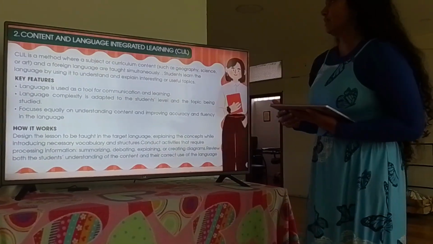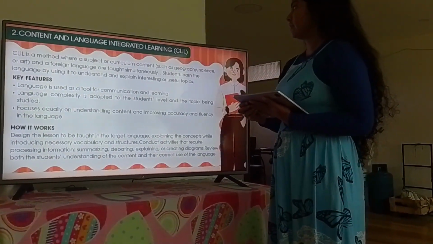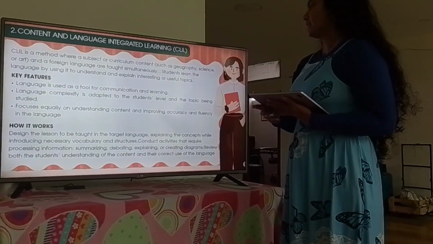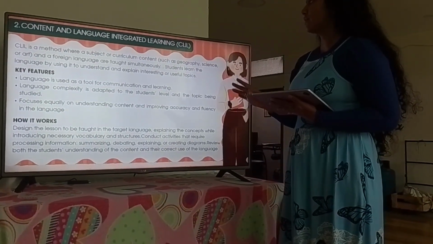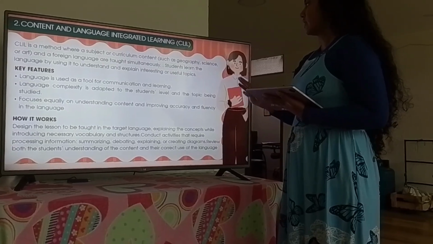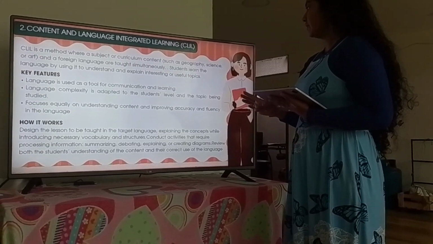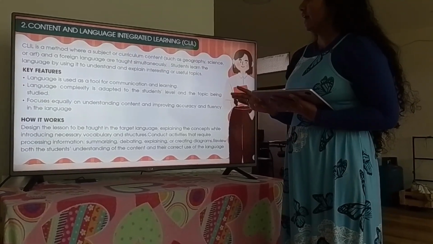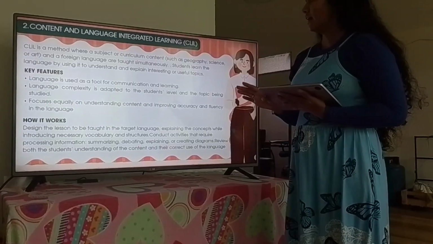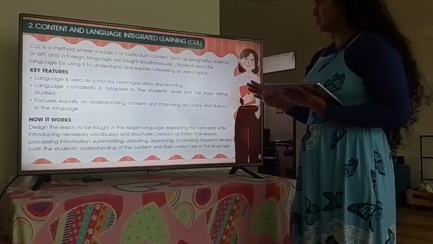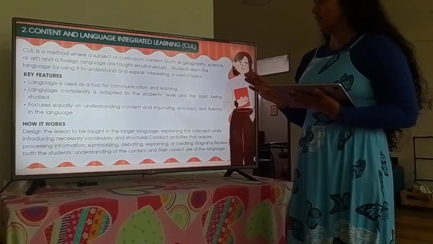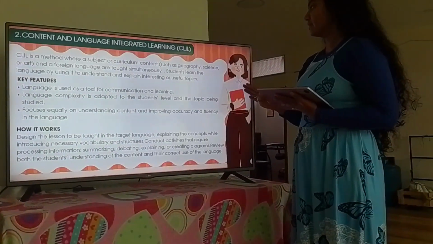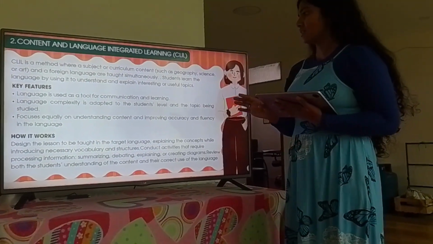Method number 2. Content and Language Integrated Learning, CLIL. CLIL is a method where a subject of the curriculum, such as geography, science, or art, and the foreign language are taught together. Students learn in the language by using it to understand and discuss interesting topics.